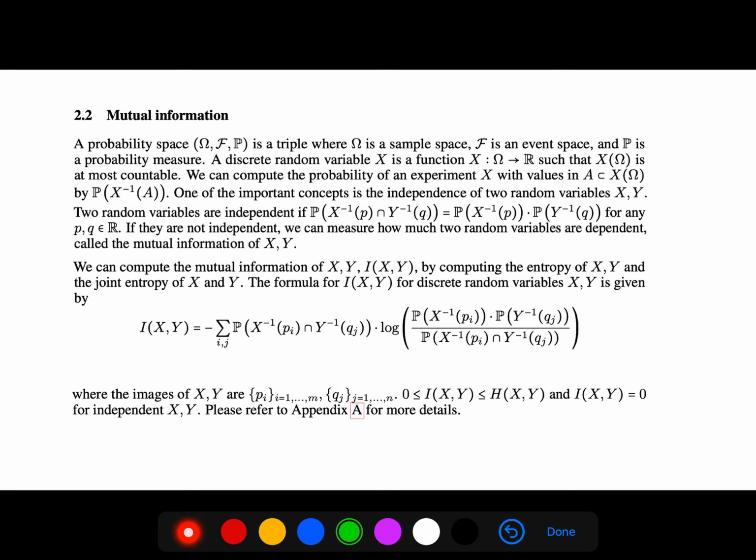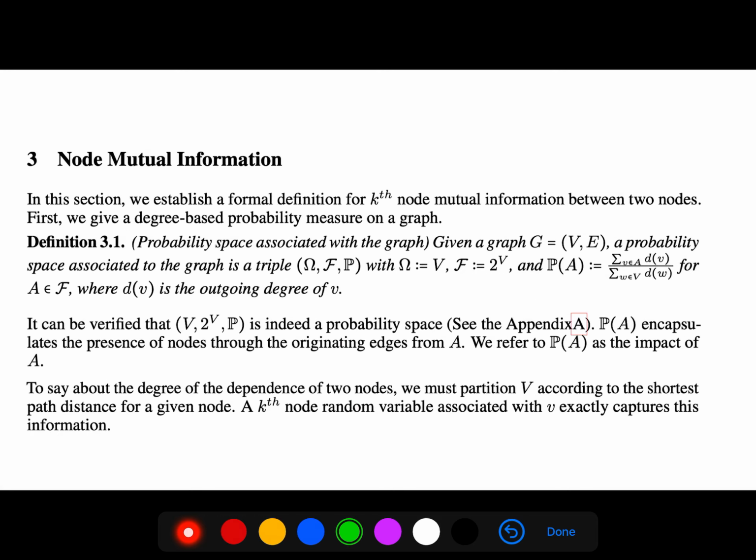And you know about mutual information between two random variables. So here they define a probability space associated with the graph. A probability space is just a triple. And d here is just the outgoing degree of v.